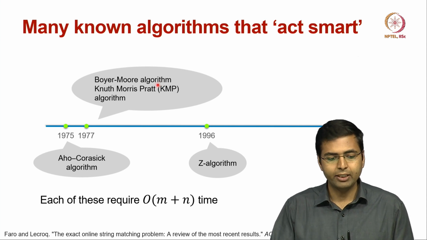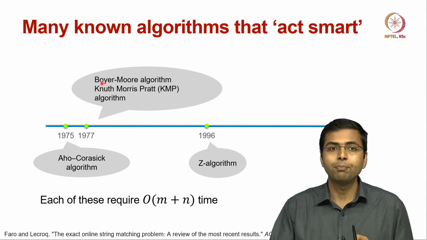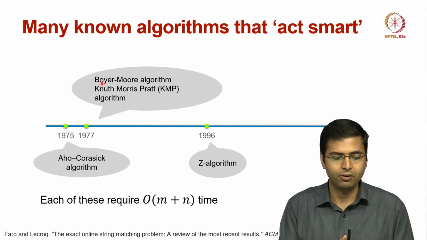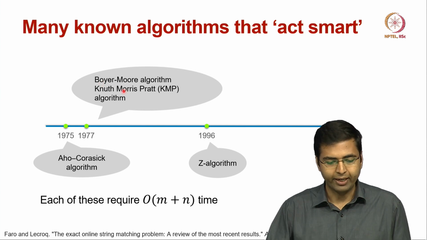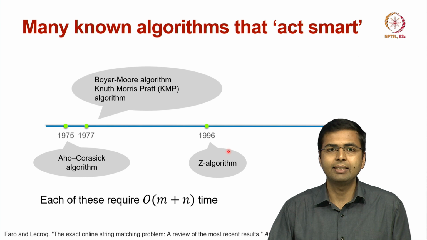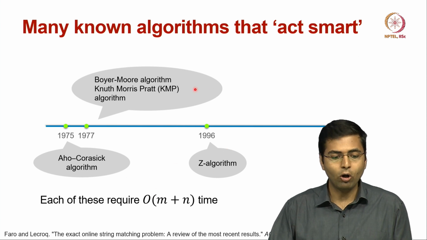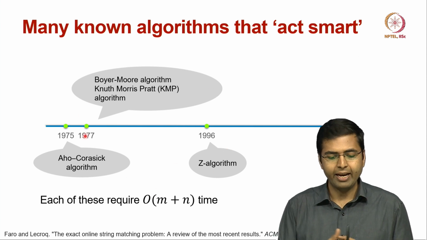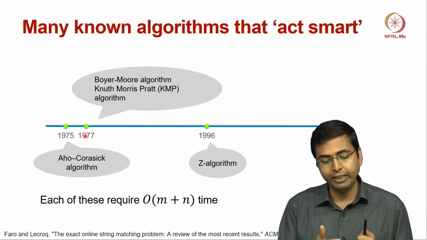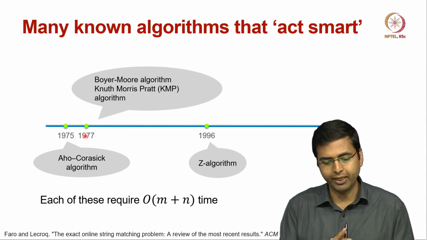Because it uses sublinear comparisons, in most cases it ends up running faster, and that is why it is used in the grep tool in Linux. But the focus in this lecture will be on the Z algorithm, and as I said, it is significantly simpler among all these algorithms, and simplicity is always useful in the sense that we will be able to easily understand how this algorithm works.